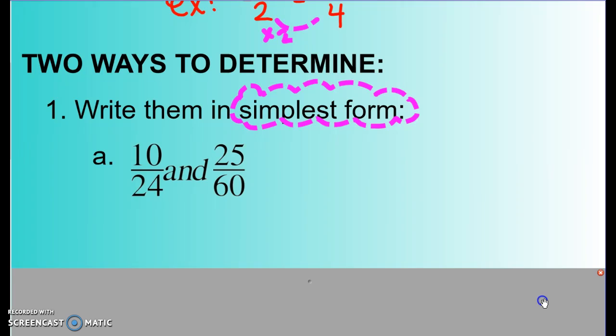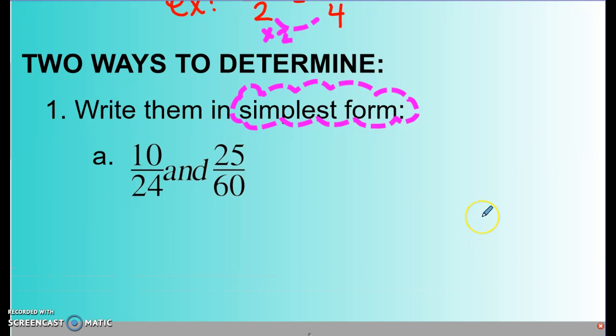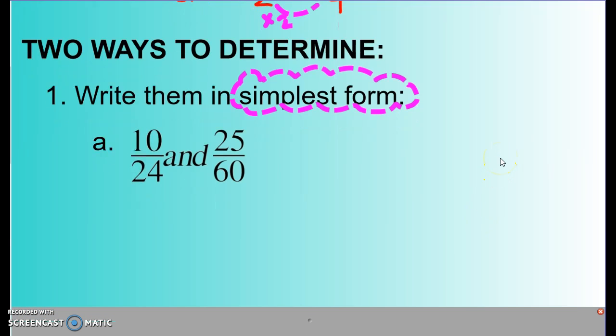So write down these two ratios. We have 10:24 and 25:60. And our job is now to write them in simplest form. So I'm going to start with 10:24. I know that I can divide both of them because they're even numbers by 2, so that's where I'll start. 10 divided by 2 gives me 5.